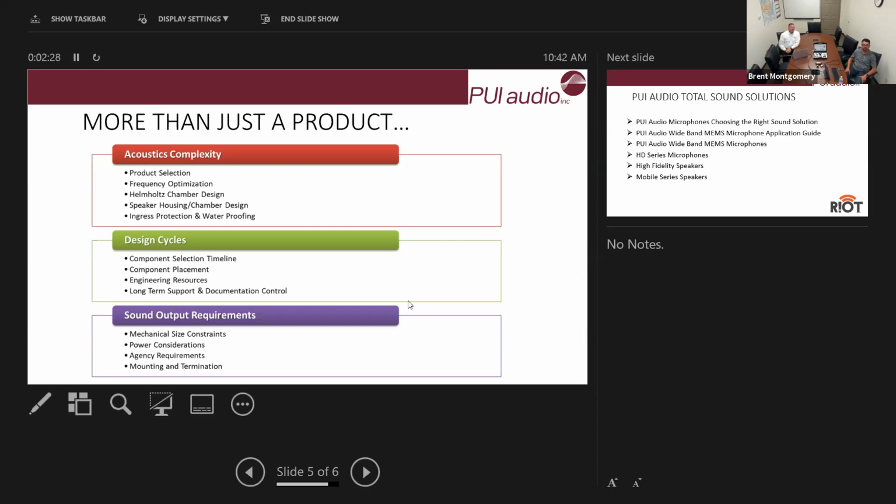So when you come across these things during your design phase, these are all areas where we are very willing to help design engineers, and we have the resources to help you get through, if it is a challenge or just an area of non-expertise. We do have that expertise.